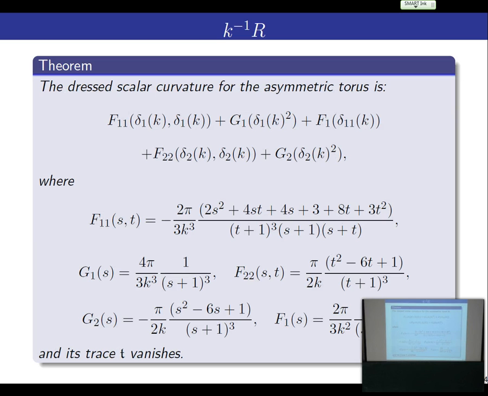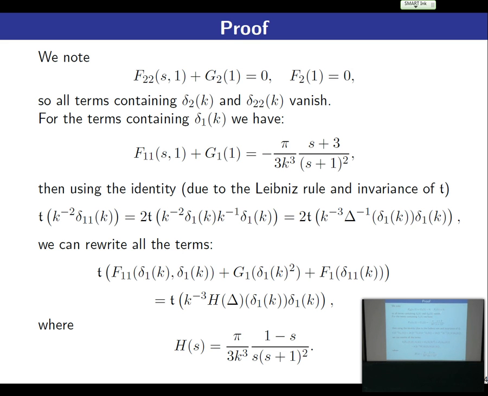Instead, f22 evaluated, f2, which is not present here, or I should write here f2 of del 2 of k, and f2 is 0. So one gets explicitly that this function vanishes under the trace. So all terms which contain the second derivative of k vanish.